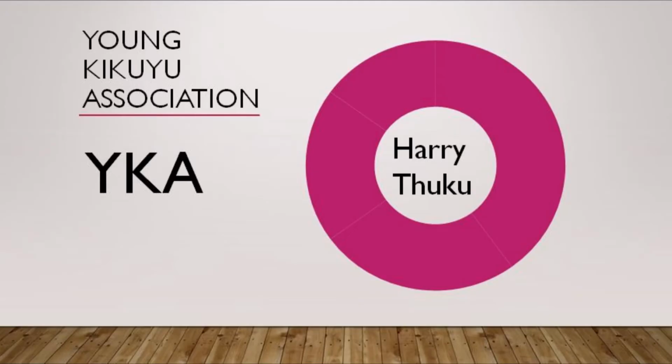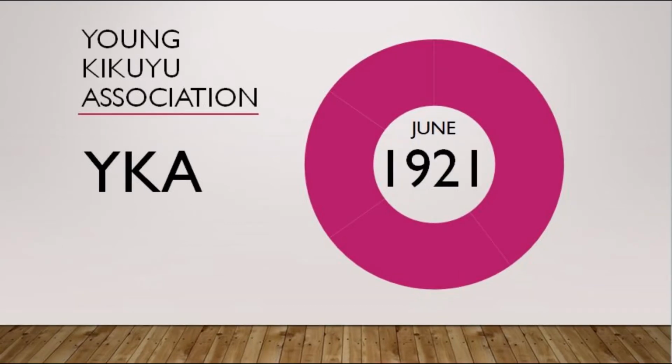The Young Kikuyu Association, YKA, was formed by Harry Thuku and others in June 1921.